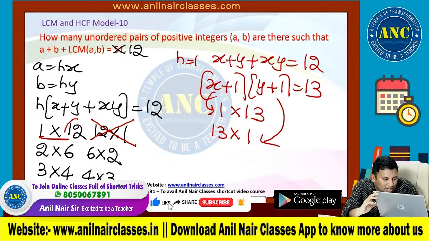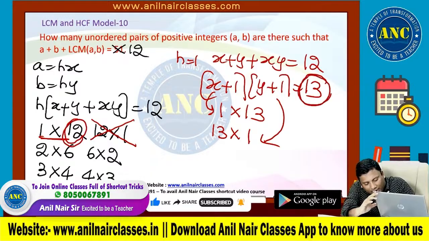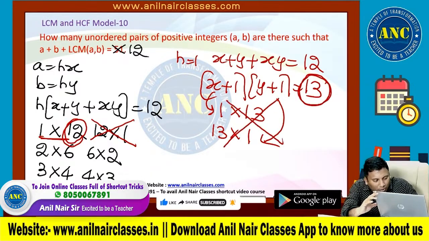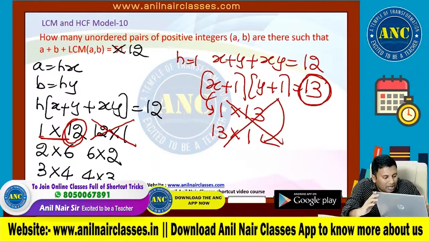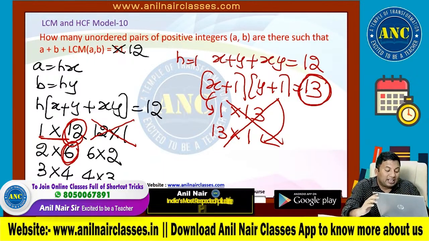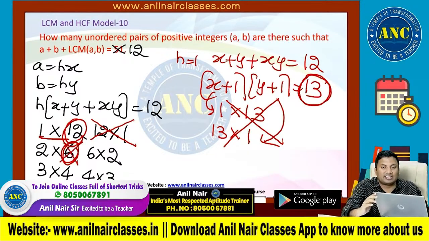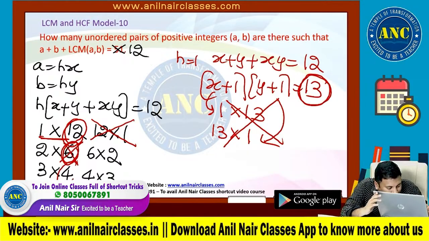That means if this is 12, if I am adding 1, I am getting a prime number. Both the cases are cancelled. If it is 6, if I am adding 1, I am getting 7. Both the cases are cancelled. If it is 4, if I am adding 1, 5, both the cases are cancelled.